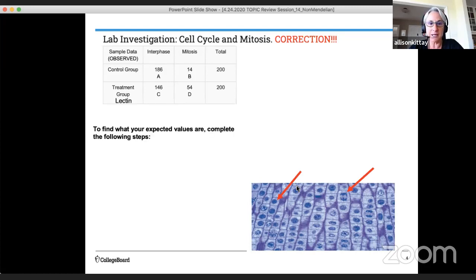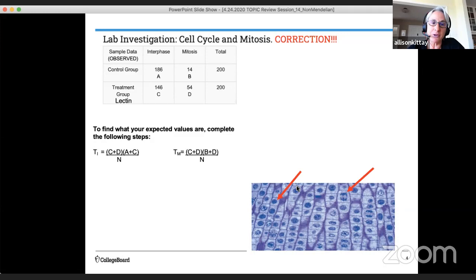So that said, this is how you calculate your expected results based on the instructions in the lab manual. So the formula, I have TI, which is the treatment group for interphase, and TM, which is the treatment group for mitosis.